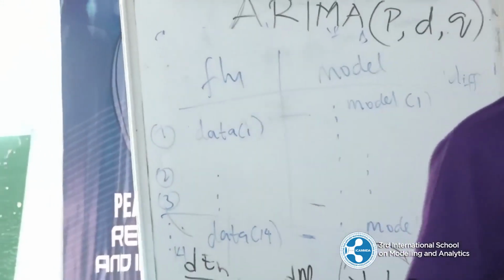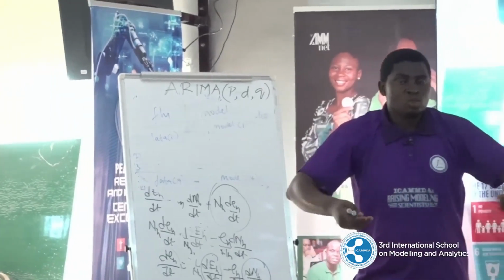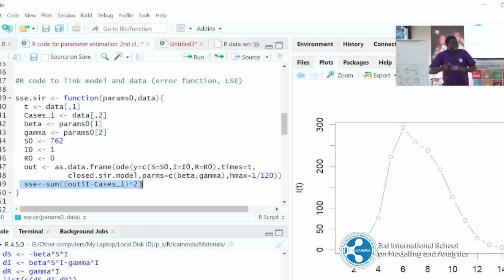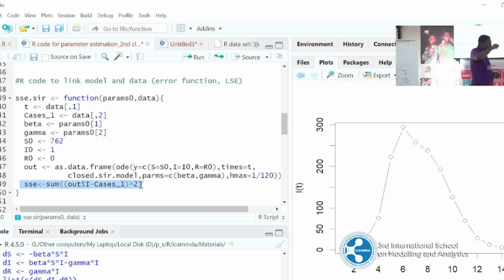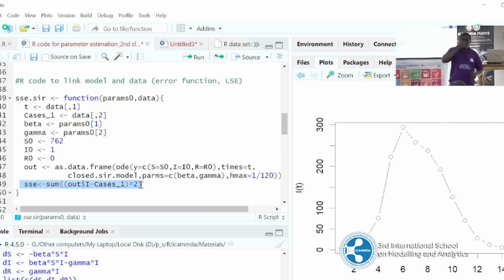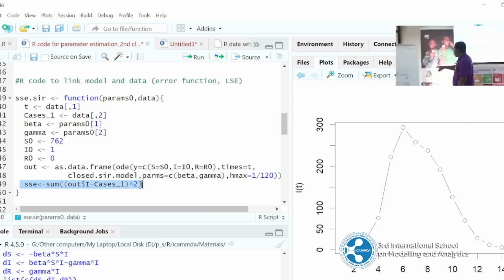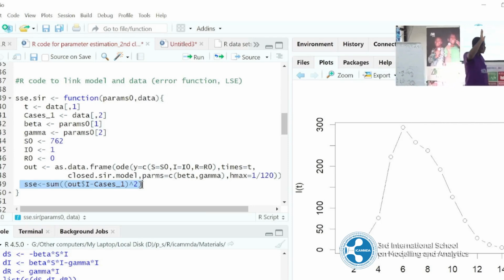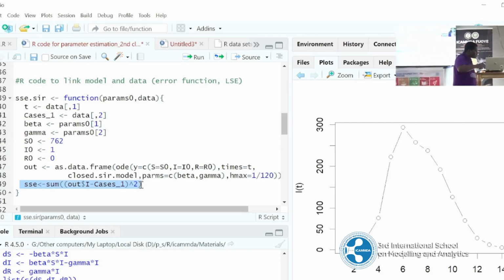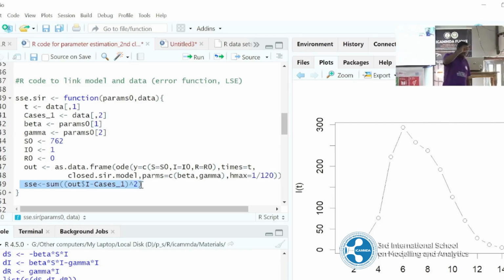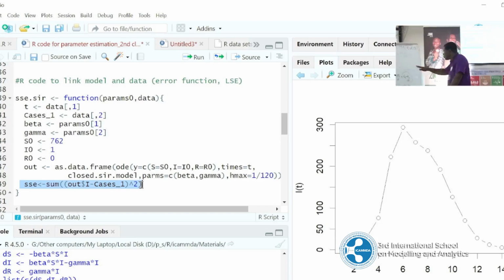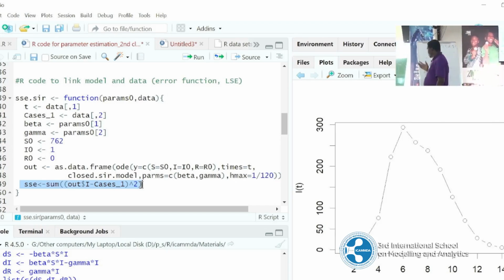But with different parameter values, you are going to have different model outputs, isn't it? So we are looking at what parameter values ensure that we get the minimum of this sum of square error. The set of parameter values, beta and gamma, that ensure the sum of square error is minimum. Are we together?